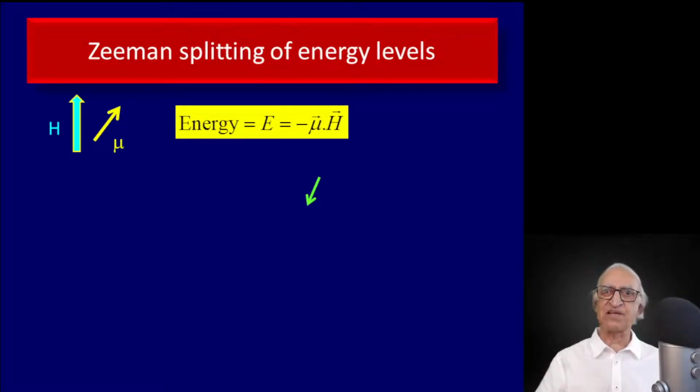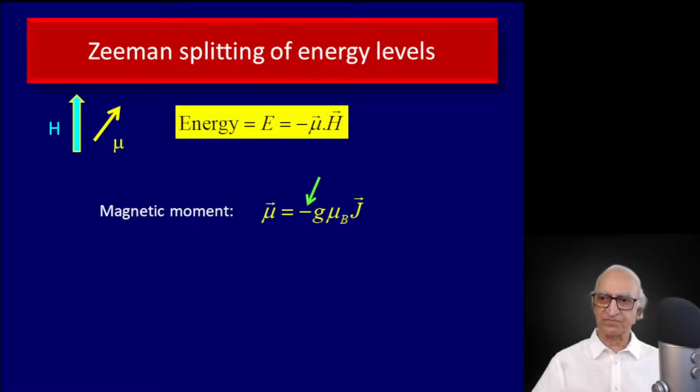Let's consider the first two-level system, which I've already introduced to you: a magnetic moment mu in the presence of an external magnetic field H. The energy of interaction E is given by minus mu dot H. The magnetic moment itself is given by minus g times the Bohr magneton multiplied by the angular momentum J. If you remember, we discussed all this when we discussed 21 centimeter radiation.